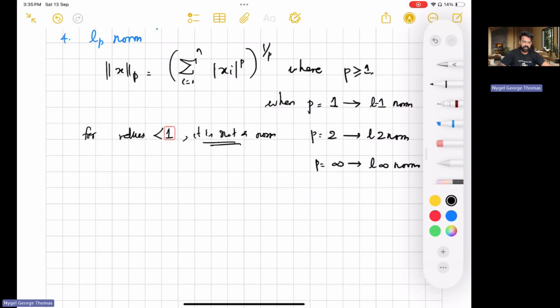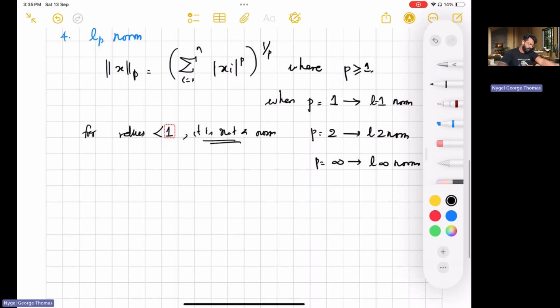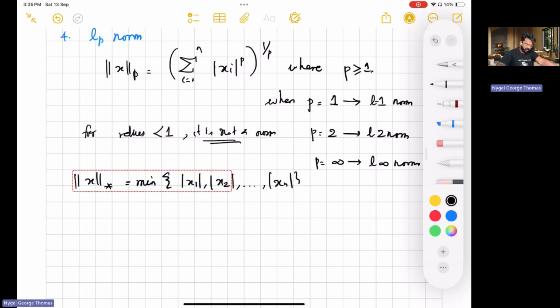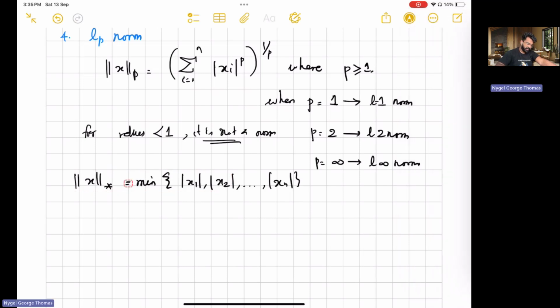One more thing we have to notice here is, suppose we define a norm like this, norm of x star is equal to the minimum of the components. This is not a norm.